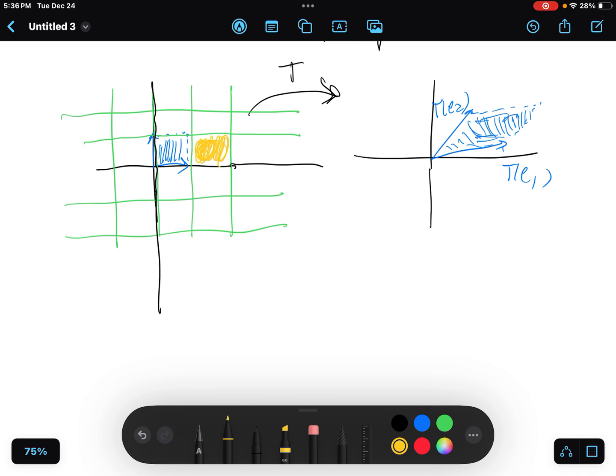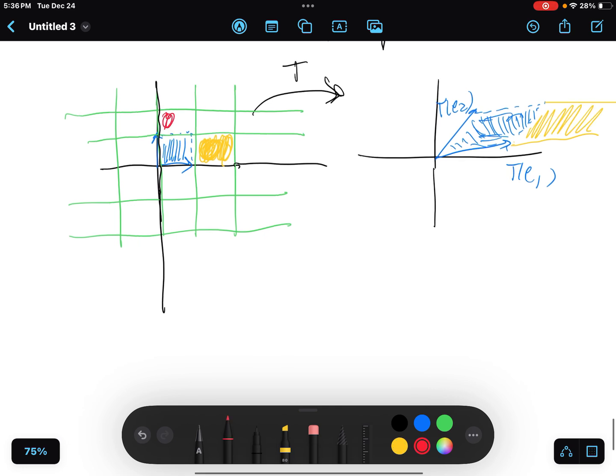This square will map to this parallelogram. And this square will get mapped to this parallelogram. And so on. So that's another way of visualizing linear transformations. Okay, thanks for watching.